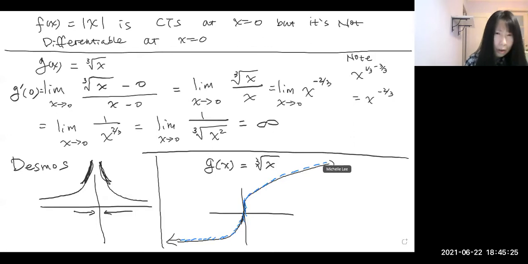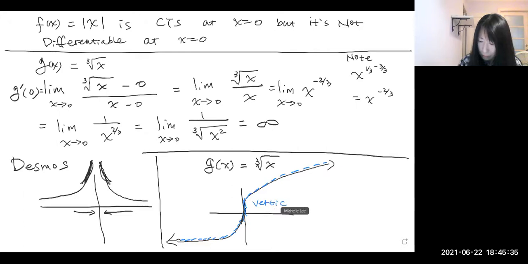So we call this one the vertical tangent line at x equal to 0, okay? So here, vertical tangent line.